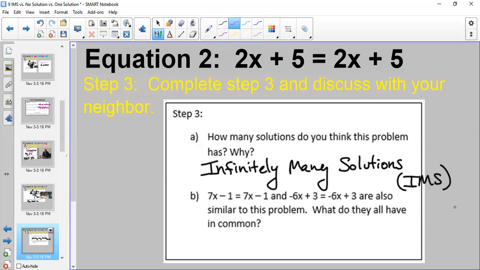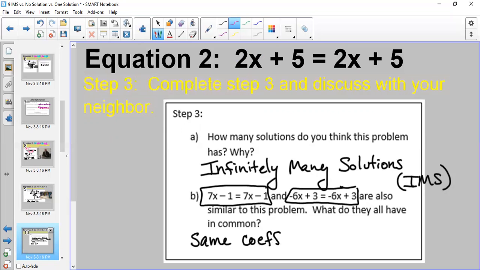Now, if you notice on B, these equations also have infinitely many solutions. And there is a way to just look at these problems and know that they have infinitely many solutions. What do they all have in common? Well, they all have the same coefficient and they have the same constant.